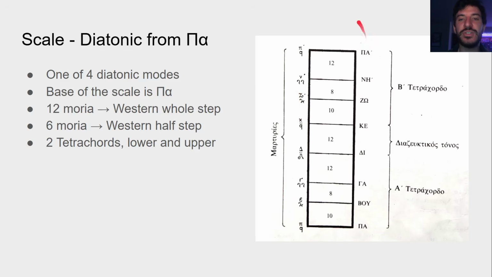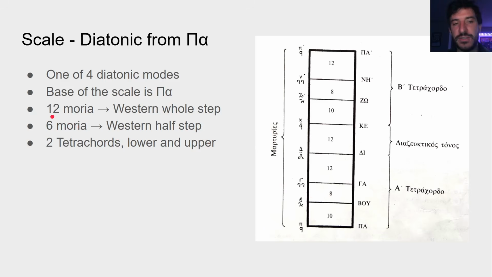We have our two tetrachords: 10 moria between pa and vu, 8 moria between vu and ga, 12 between ga and di. The diazeptikos tonos, the dividing tone, divides up the two tetrachords, and then we have ke, zo, ni, pa, which has the exact same intervals as the lower tetrachord.